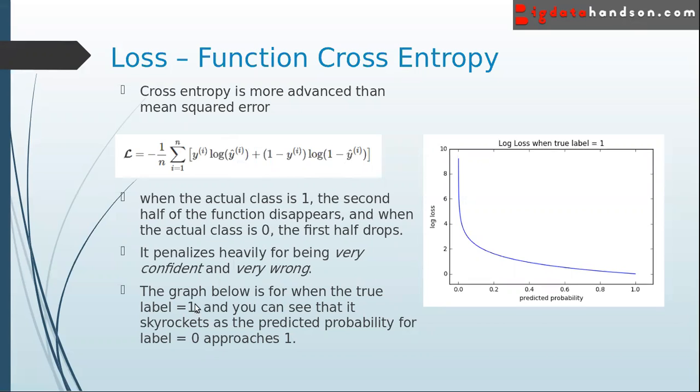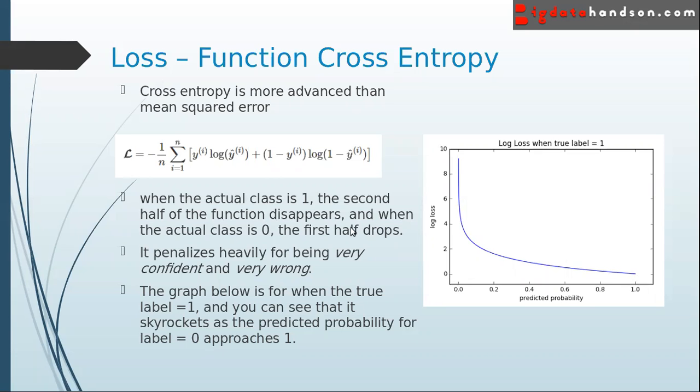The graph below is for when the true label is 1, and you can see that it skyrockets as the predicted probability for label equal to 1 approaches 0. So you can see here, when the label is 1, our output is becoming 0.